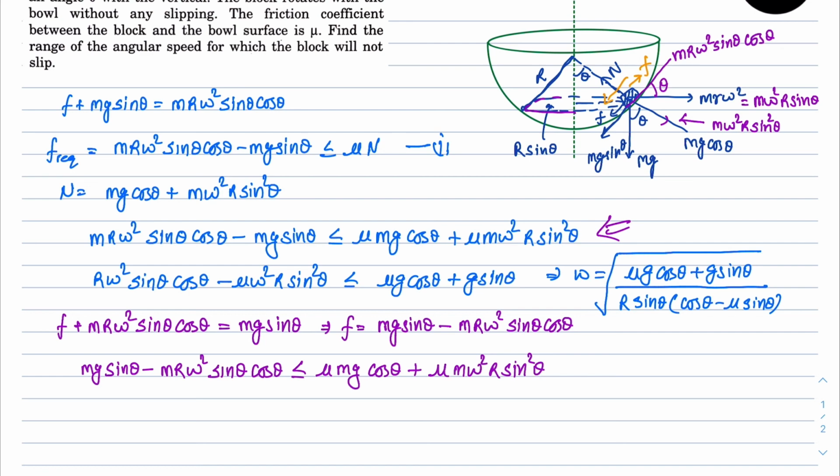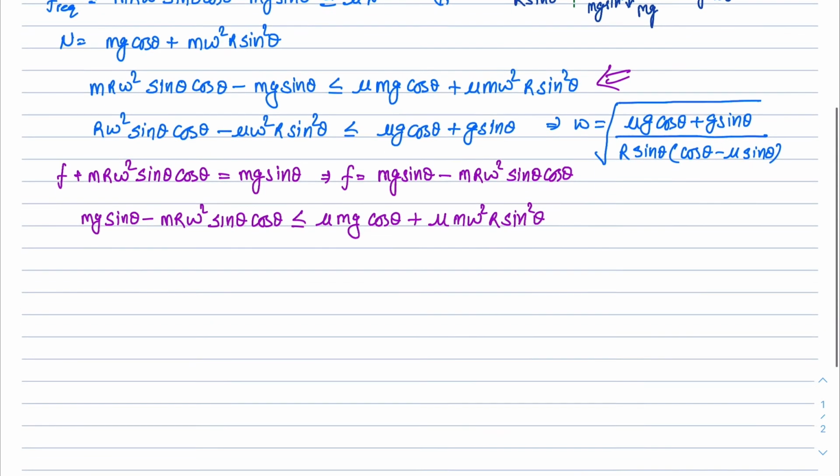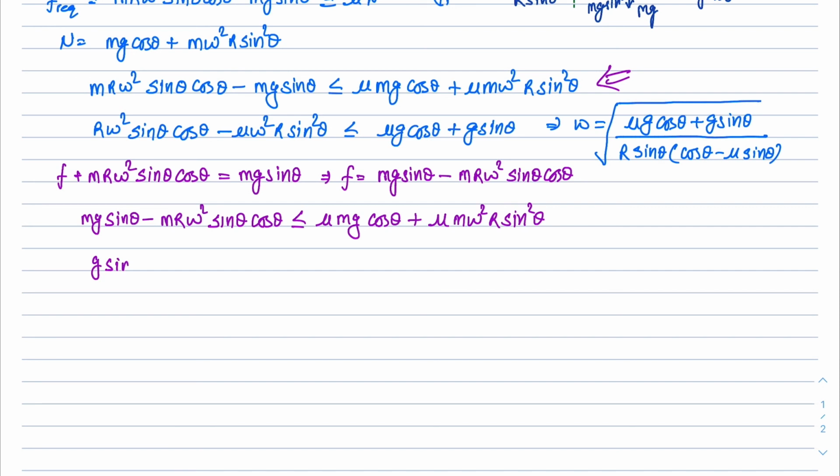Again m will cancel out throughout. We will get g sine theta minus mu g cos theta less than or equal to omega square as common, times r sine square theta mu plus r sine theta cos theta.